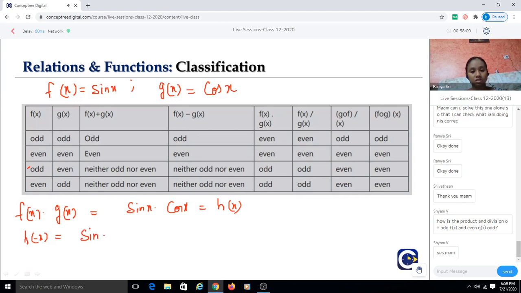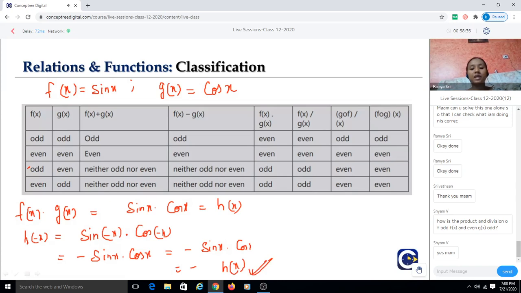So it will be sin of minus x into cos of minus x. So sin of minus x is minus sin x and cos of minus x is cos x. So which is equal to minus sin x into cos x, which is nothing but minus the function h of x. So here, by multiplication of one odd and one even function, the result will be an odd function, right?